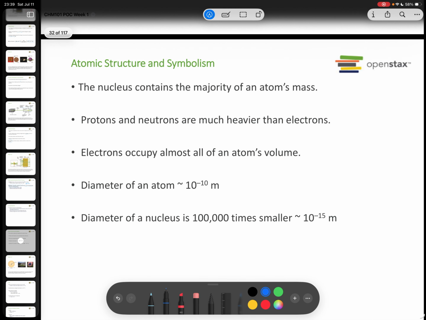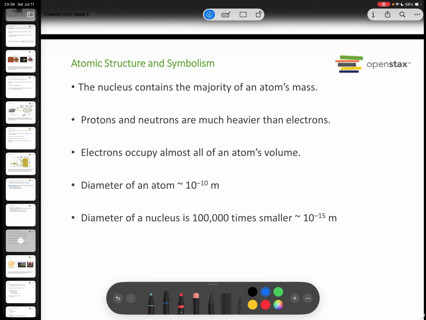So, yun nga, an atom, no? Ito yung atom. An atom has a very small nucleus that contains most of its mass. Okay? This is because protons and neutrons are much heavier than electrons. The electron, although very light, occupy most of all the atom's volume naman.